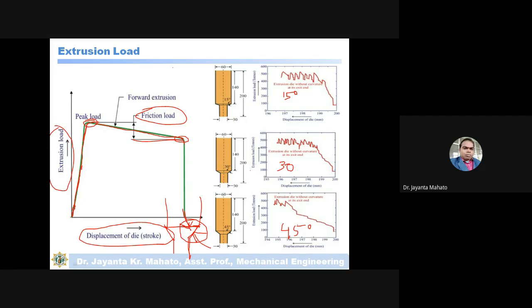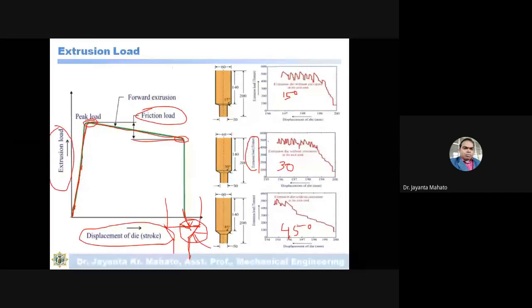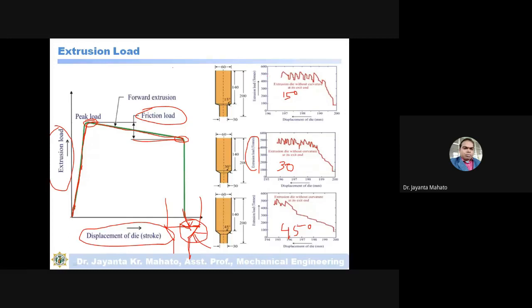The extrusion load, just see here. In this case, the extrusion load is around below 500, and in all the cases, the displacement of die is from the position 195 to around 200.